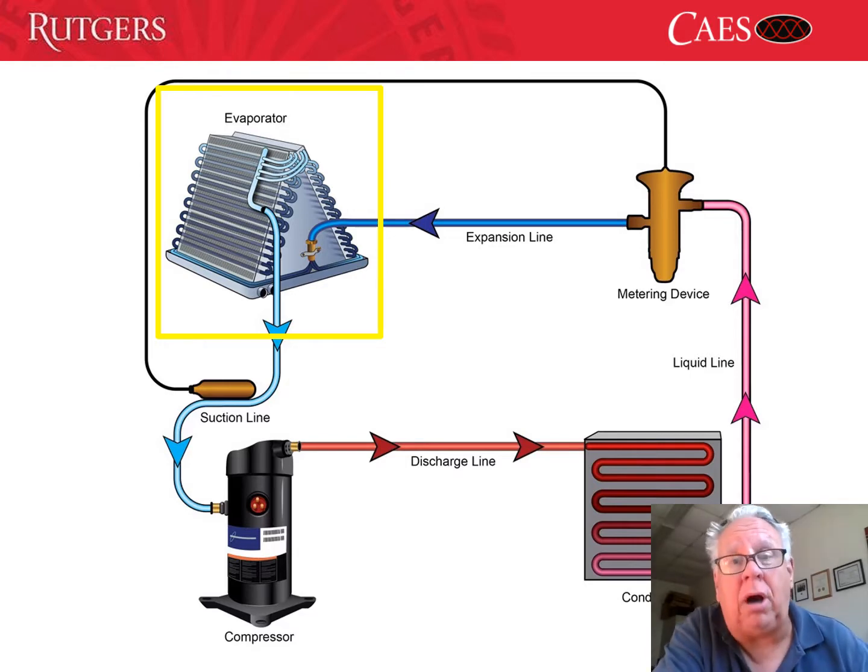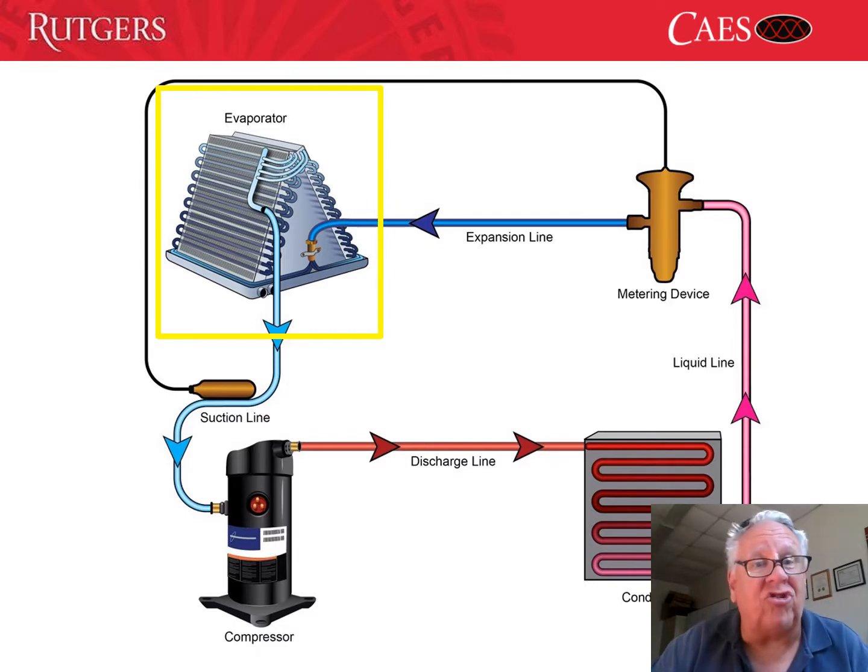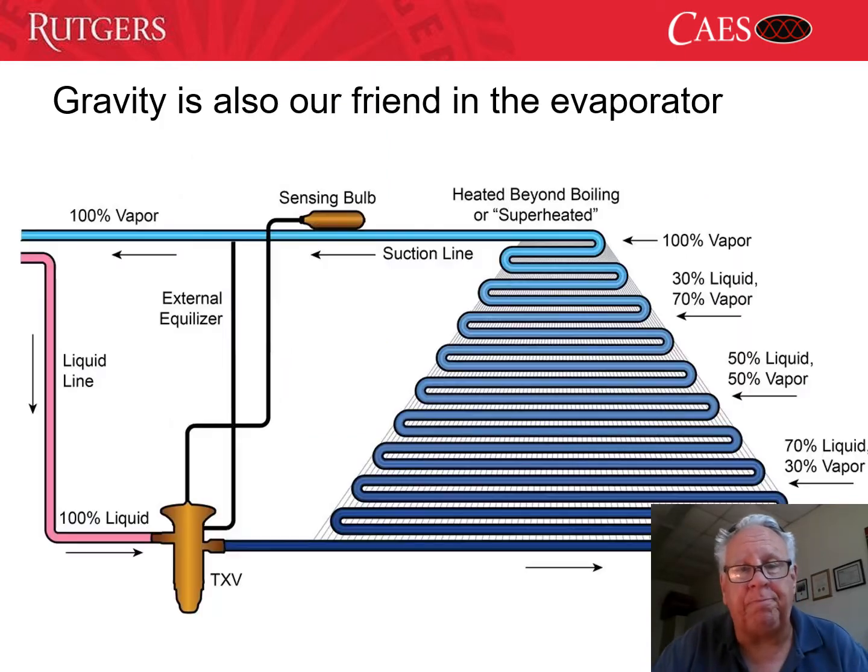And some of the liquid will evaporate, greatly reducing the temperature. And we can therefore have a cold material, which we're going to put into our evaporator. And as the evaporator changes all of the liquid to vapor, it will suck energy in from the environment because it's now colder than the environment.